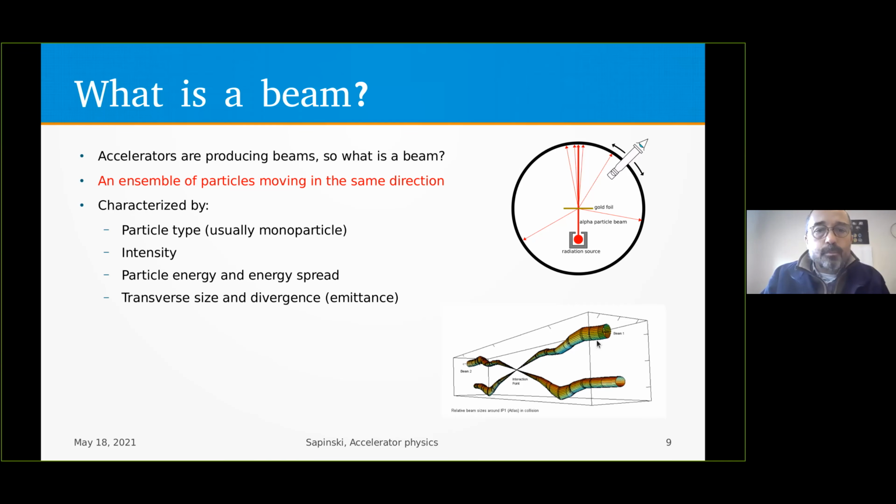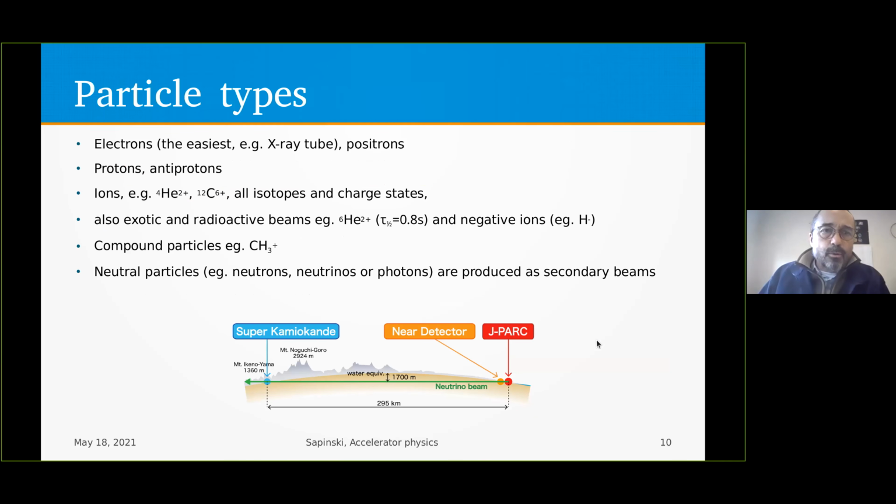So now I go a little bit more into the details. Particle types: basically we can create beams of any particle you can imagine. The easiest were electrons, and they were created already in, I think, the 19th century in X-ray tubes. At the time, before the discovery of X-rays, these tubes existed. The antiparticle of the electron is the positron.